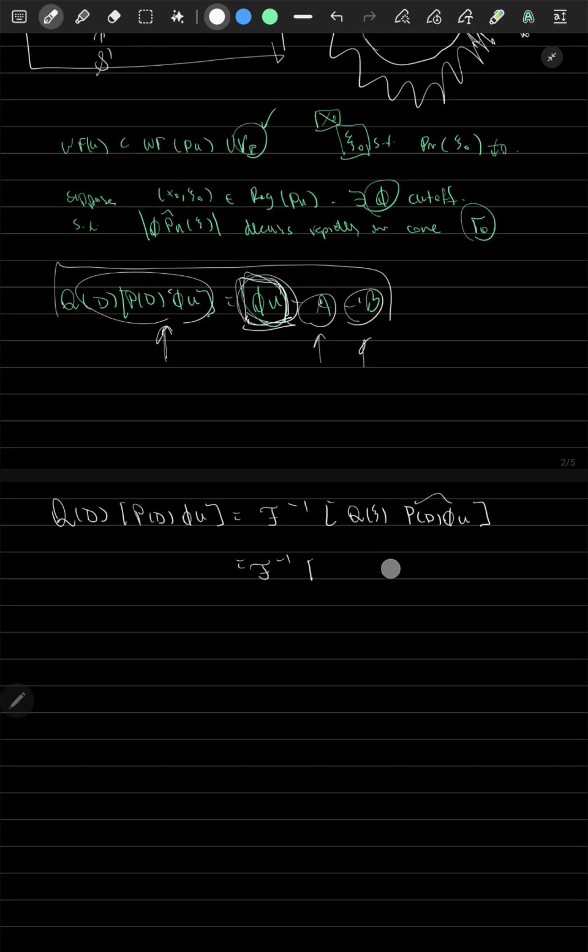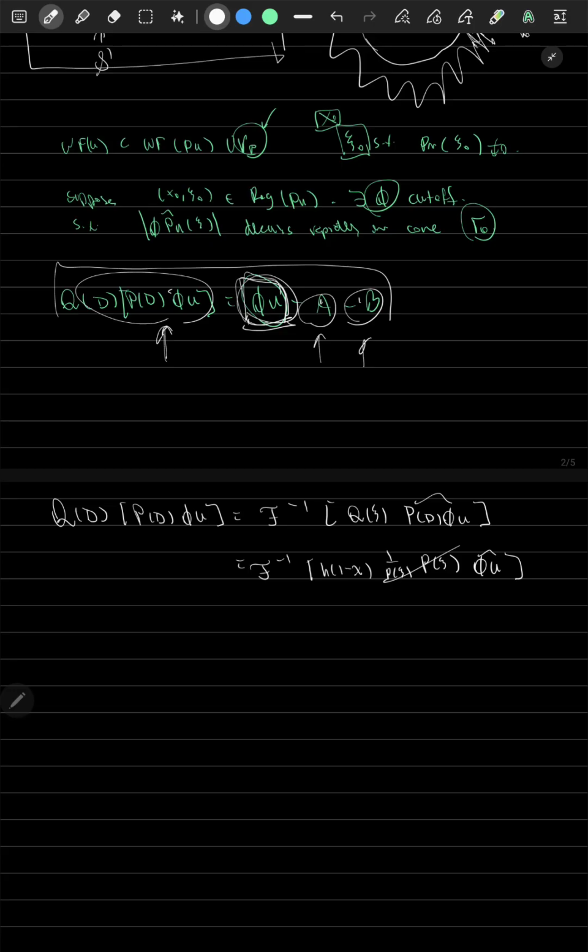We have Q of psi was h of 1 minus chi of 1 over p, like this. By the properties of the Fourier transform, we pull that derivative out like a polynomial, and then we have here, right?